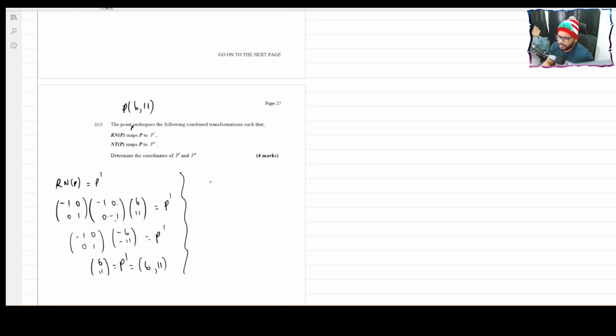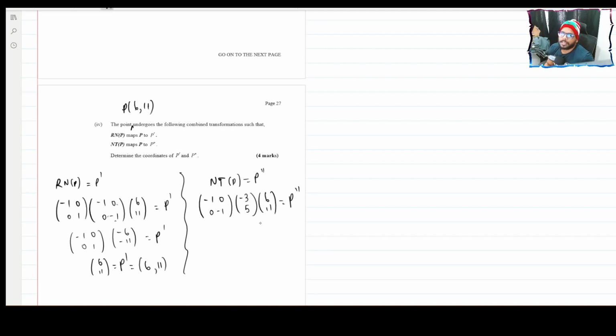In a similar step, NT on P will be P double prime. So N, which is -1, 0, 0, -1, T, which is -3, 5 on the point P, will give me P double prime. Performing this matrix transformation first, this will be a translation.